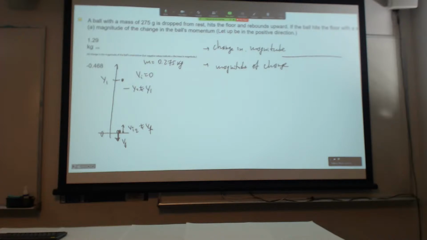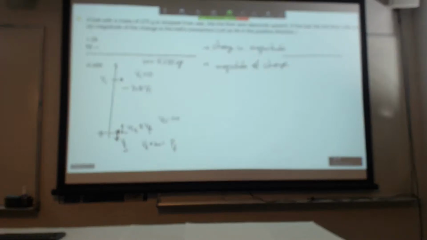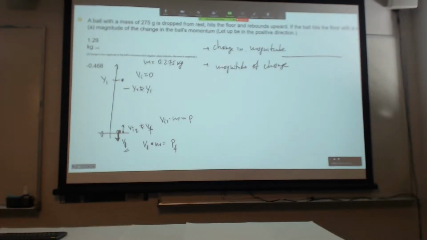You need to know two speeds. You need to know this one, because this speed times mass gives you this momentum. So far we call it final. And this speed times mass gives you this momentum. So far we call it initial.